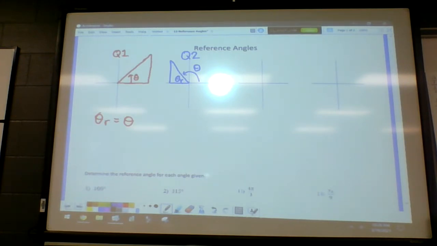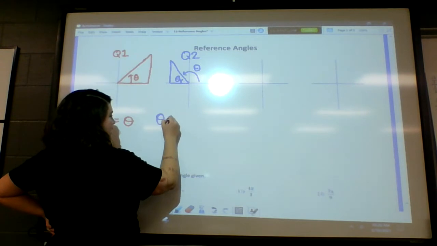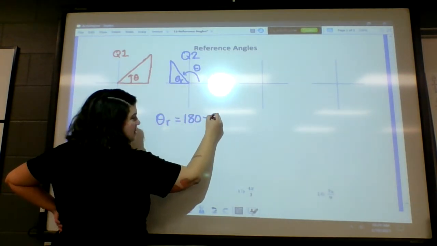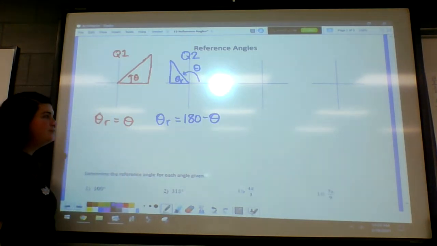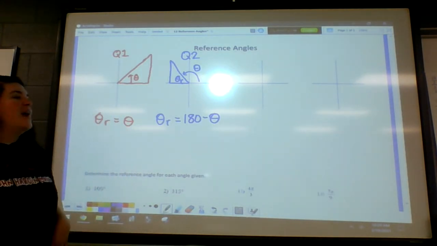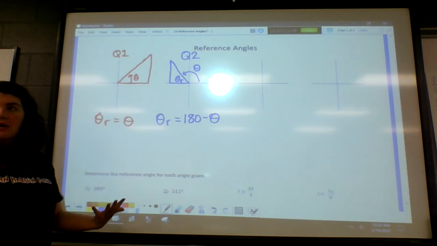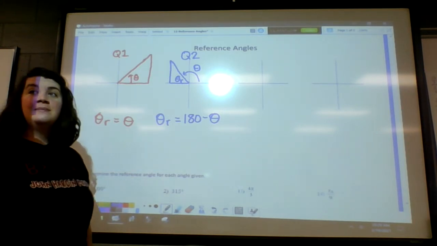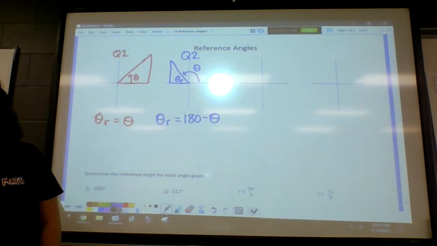So what's the relationship between the angle that would be given and the reference angle in Q2? What do you know about them? When you add them together, they equal 180. So your reference angle in Q2 is 180 minus the angle that they give you. So if they give you the angle of, let's say, 120, 120's reference angle would be 60.